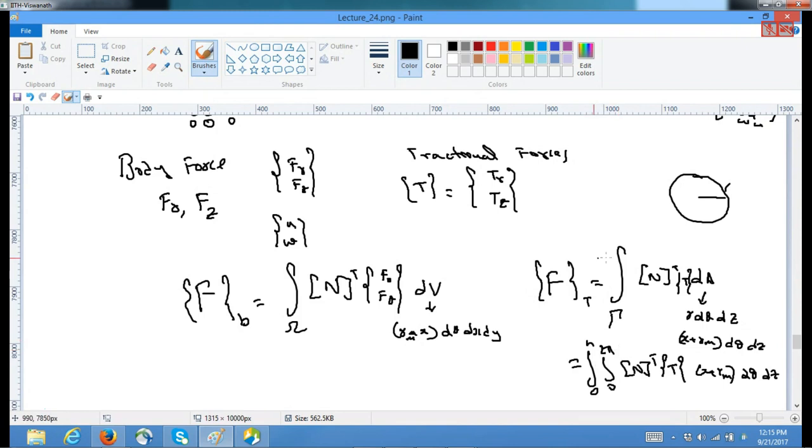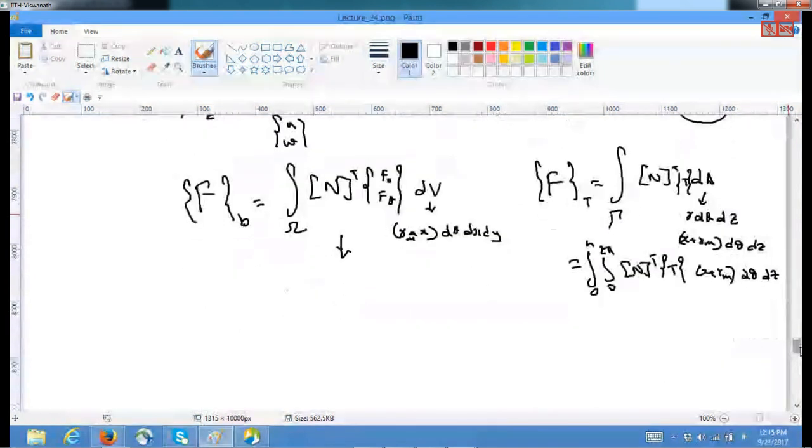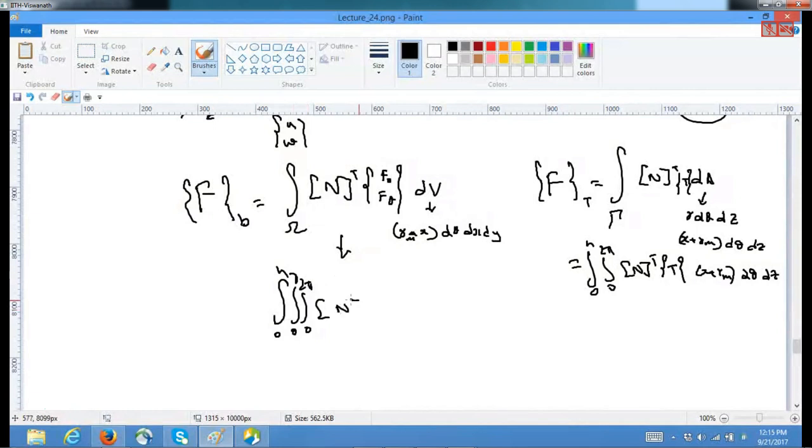So this can be further replaced by the integral from 0 to 2π, 0 to r, 0 to h of N transpose F, which is body forces, times (Rm plus x) dθ dx dy, and this one is not dy dz.